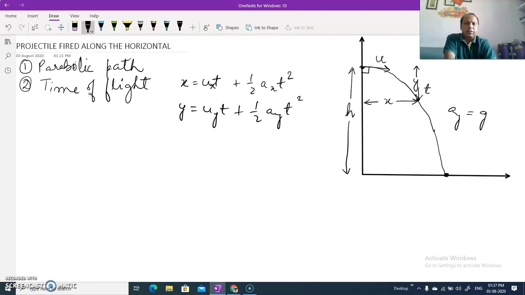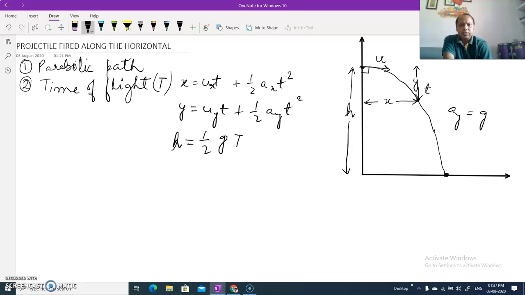Now look at the second formula here, the vertical distance which is traveled along y-axis. So h is equal to uy is 0, half ay is g, and time of flight is given by capital T.